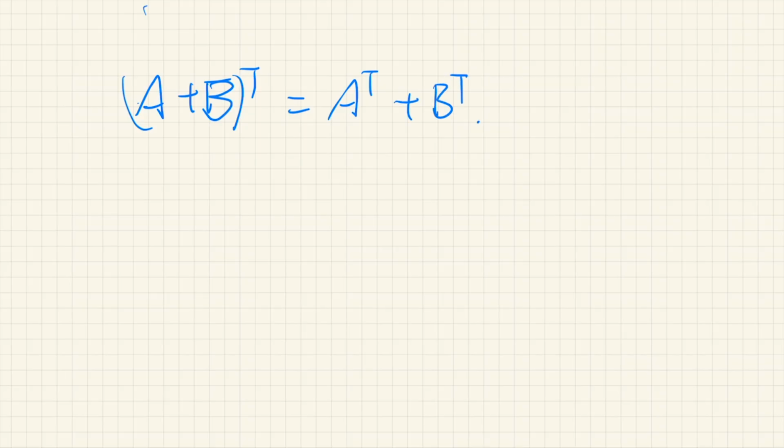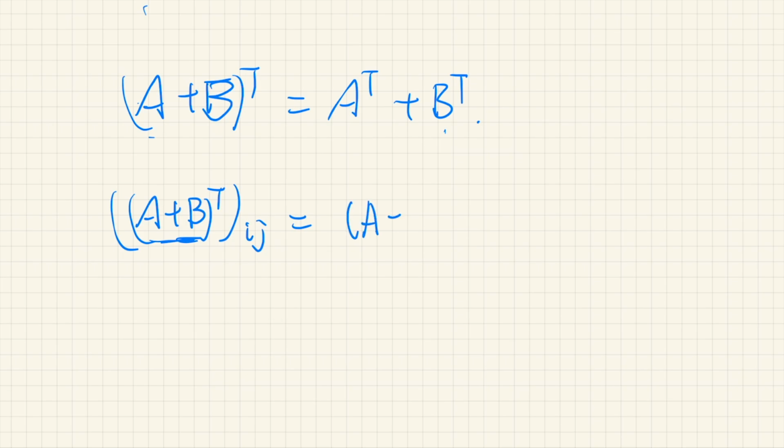Next, let's show that the transpose of a sum is equal to the sum of transposes. First of all, addition between matrices doesn't change the size of the matrices, so the size check is okay. Let's check the corresponding elements. The ij element of (A plus B) transpose is, by the definition, the ji element of the matrix inside, so that is (A plus B) ji.